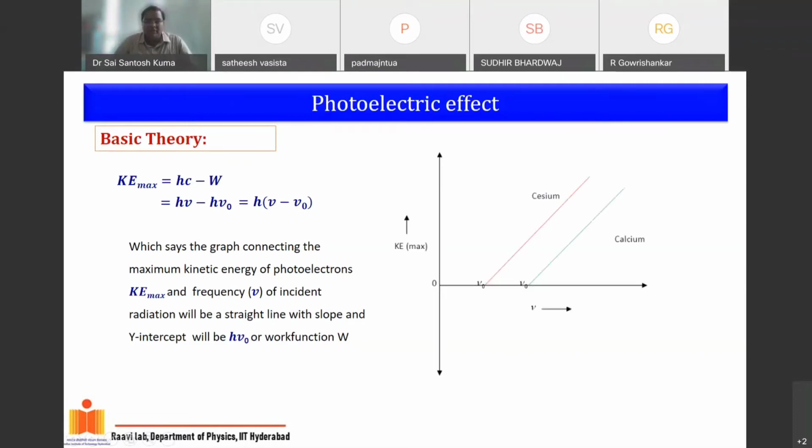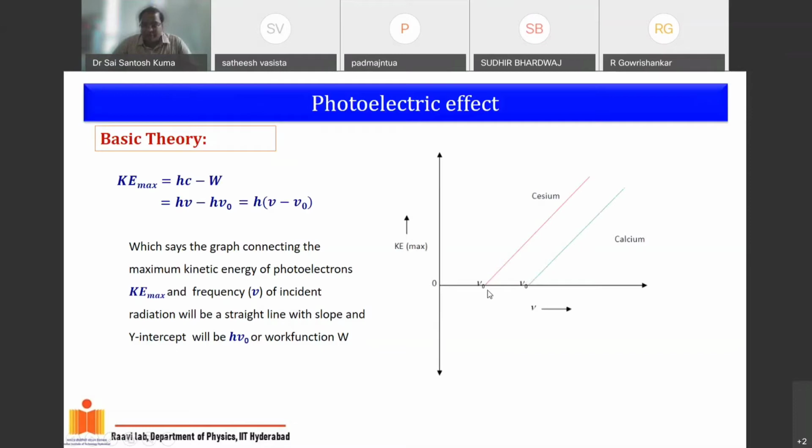So if you look at this figure, this is something which you also teach in the class to the students. You take a metal, and for each metal, like I explained with calcium, cesium, I have a nu naught, which is the threshold frequency.